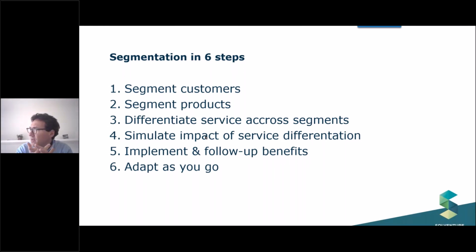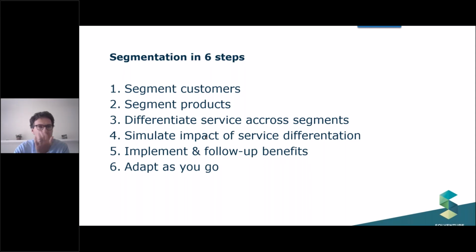I'm going to go through it to give you an idea about relatively easy, pragmatic ways of segmenting your business, which is not costing you a year, which can be implemented in a couple of weeks to at least say, okay, how do I manage my business in crisis mode? What can I do in a pragmatic way to still differentiate across my different customers and products?